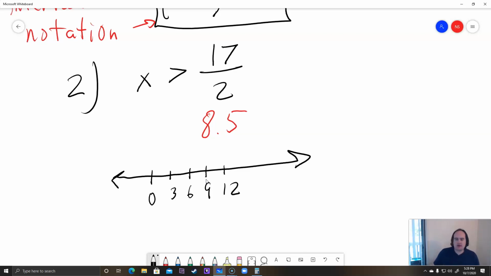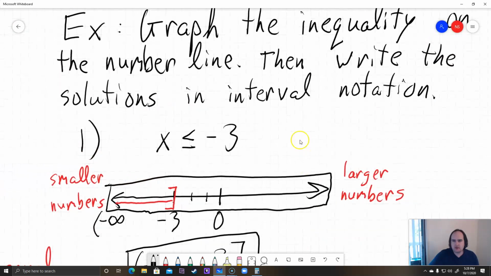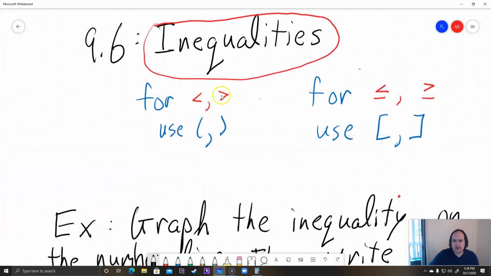And what we want to graph is a parentheses. Now, why are we going to use a parentheses? Well, it says x is greater than 17 halves. So remember, with greater than or less than, you use parentheses.